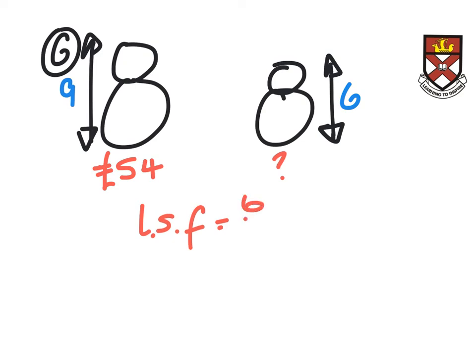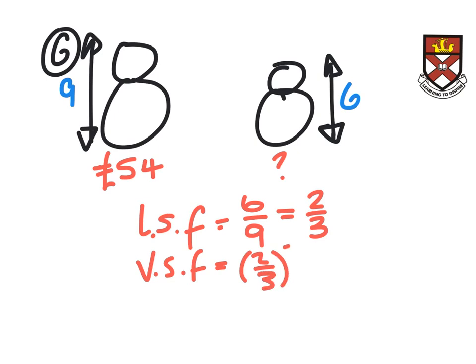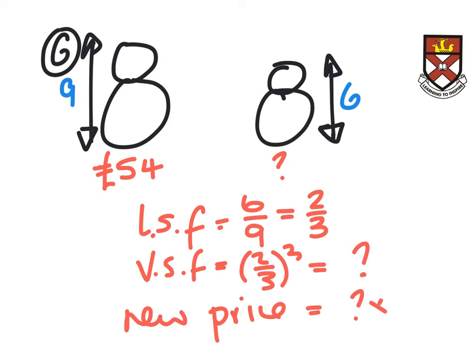So that's 6 over 9, which we can cancel down to 2 over 3. The volume scale factor is going to be 2 over 3 cubed, remember. And then the new price is going to be that value that you've just worked out times the £54.